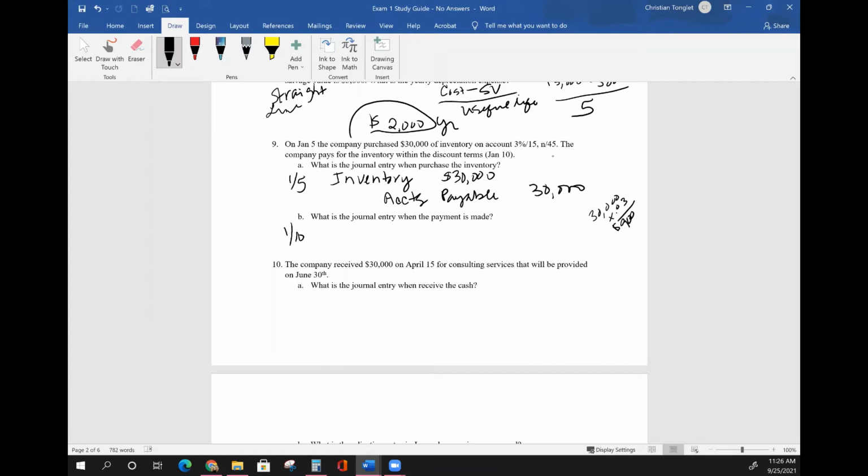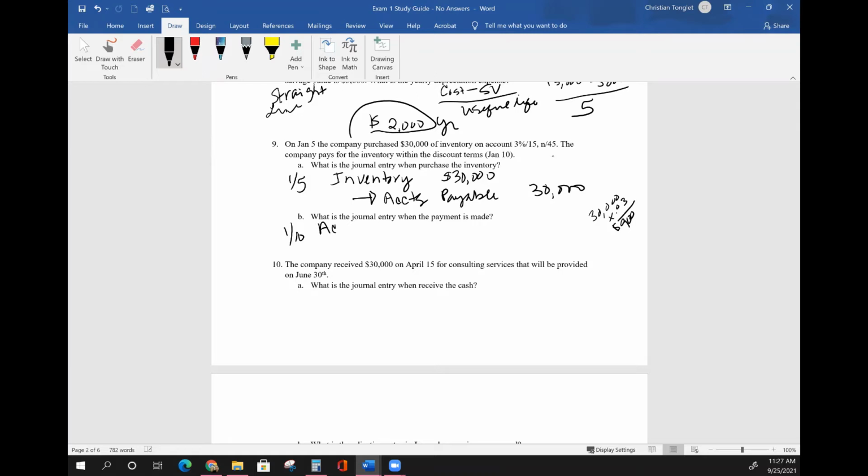Okay. So my entry, I need to do what? I have to clear my accounts payable first. And I want to clear it not for the difference, but I want to clear it for the full amount of the accounts payable. So I need to wipe this out completely.